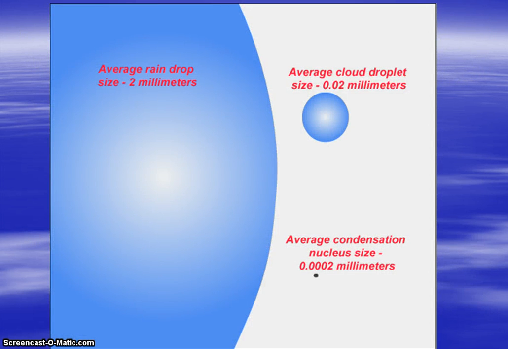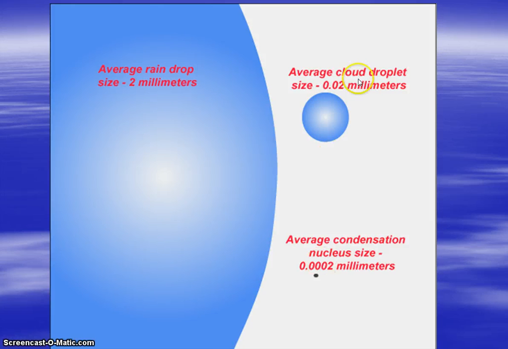To just give you an idea, a size comparison of raindrops, and then the picture here in this area is a cloud droplet, and then this size here is when condensation occurs.